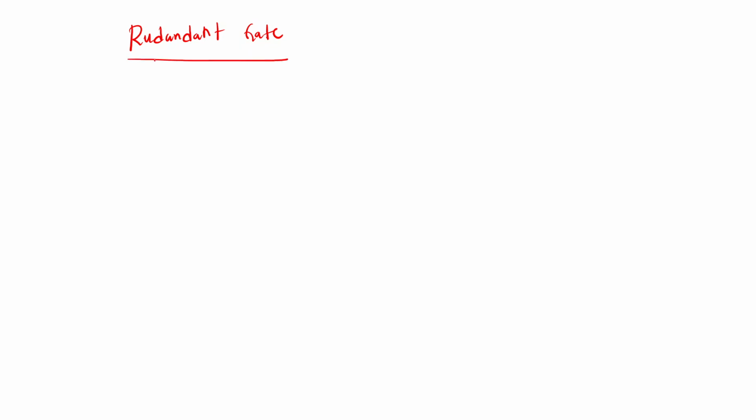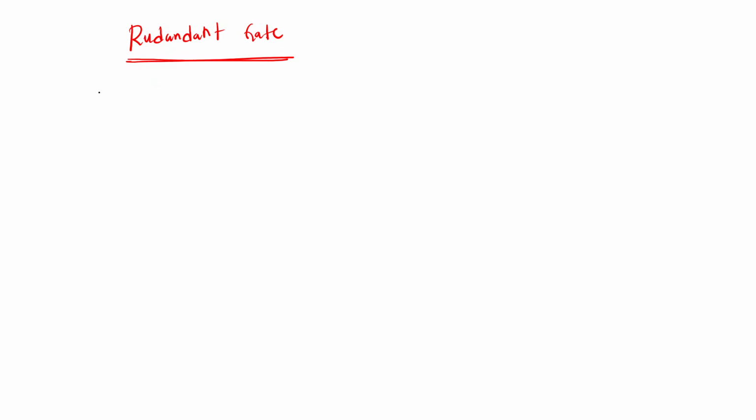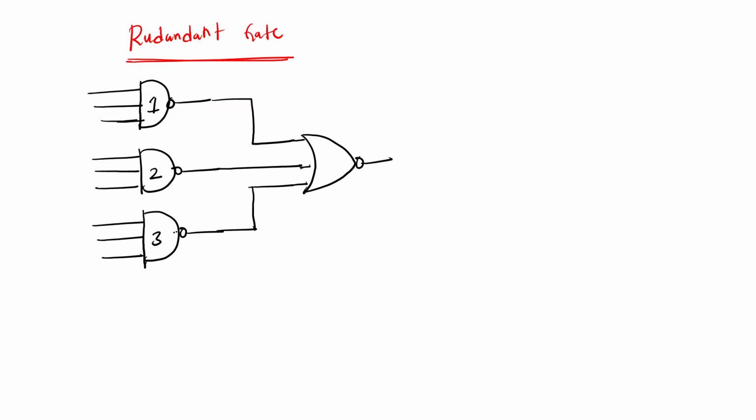Suppose they have given a circuit like this with NAND gates: gate 1, gate 2, gate 3, and gate 4.